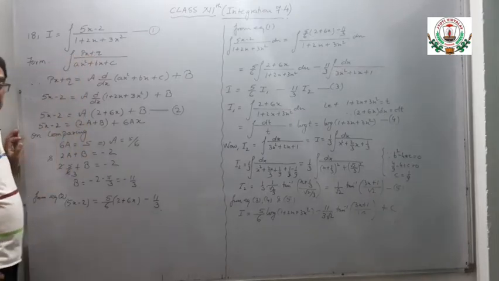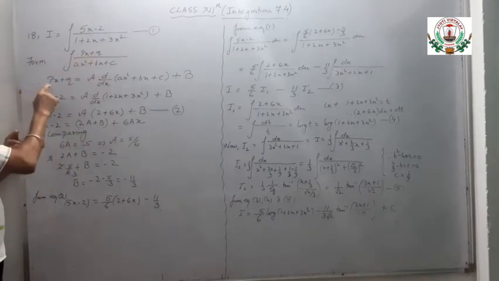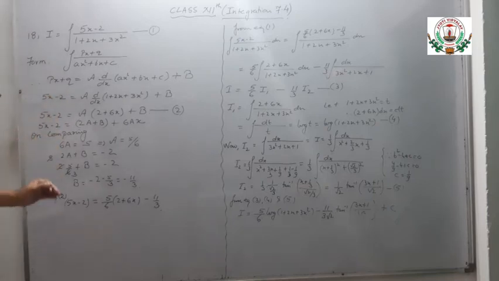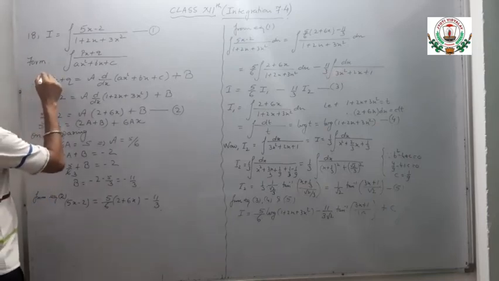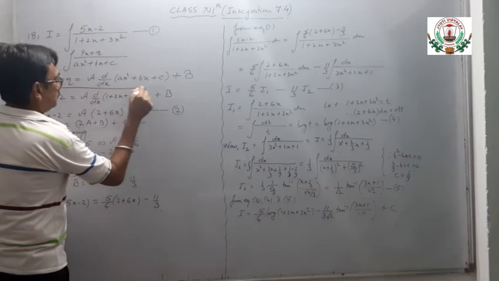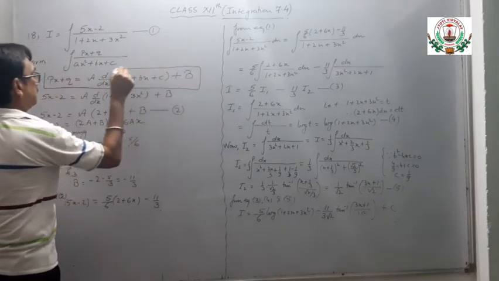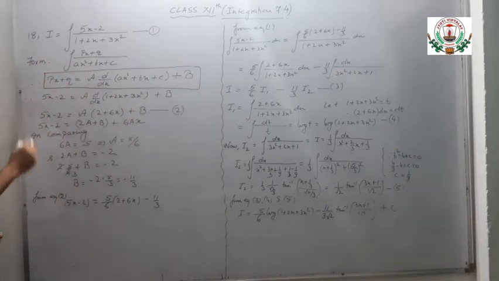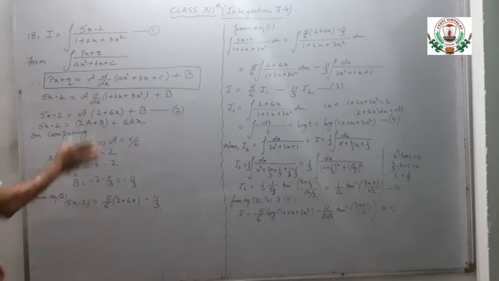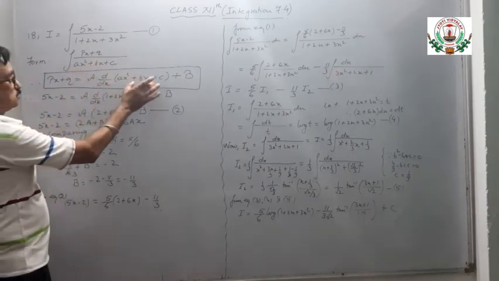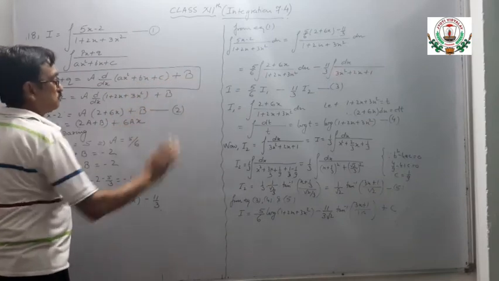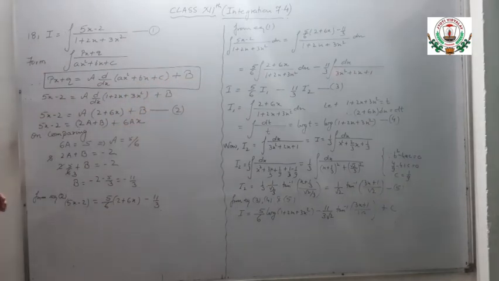Numerator px plus q will be written, this is the formula, px plus q will be written as constant a into d by dx of the denominator ax square plus bx plus c plus b constant quantity.